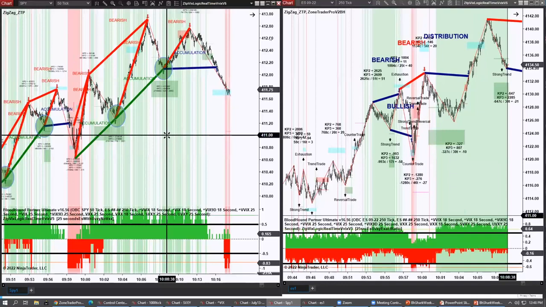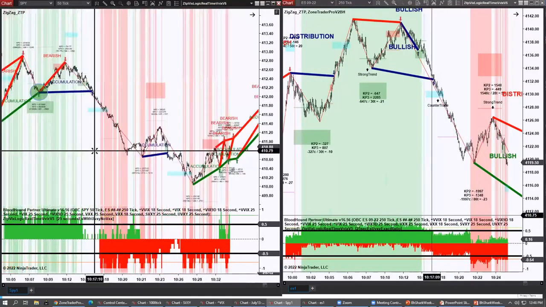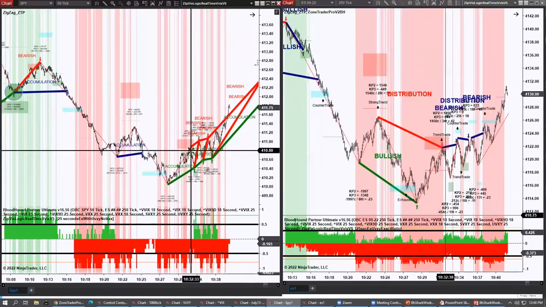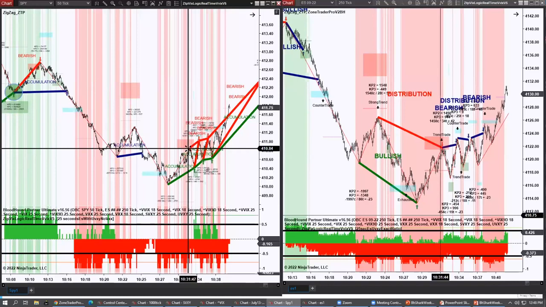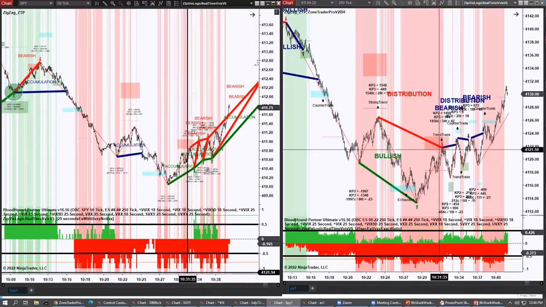Now we enter this sell-off post the news. We don't have a SPY right there, but we did have divergence. We had distribution divergence over here on the ES, so I'm not going to mark that.